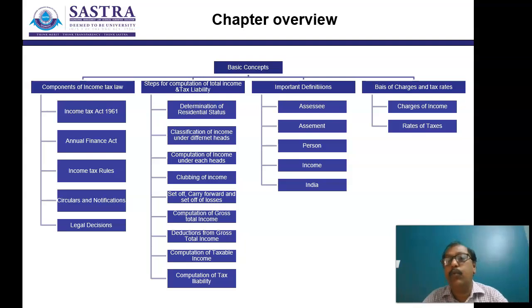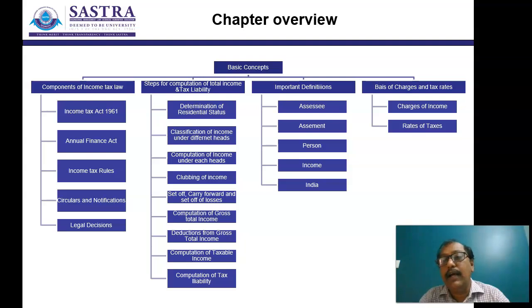We need to understand who is an assessee, what is an assessment, who is a person according to the Income Tax Act, what is an income, and basically, because the income that is earned in India is taxable, we need to also define what is India, who is a resident Indian, who is a non-resident Indian, and so on. So these kinds of definitions as given by the Income Tax Act are also going to be discussed in detail.